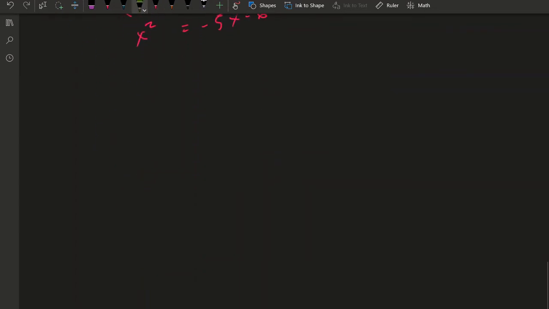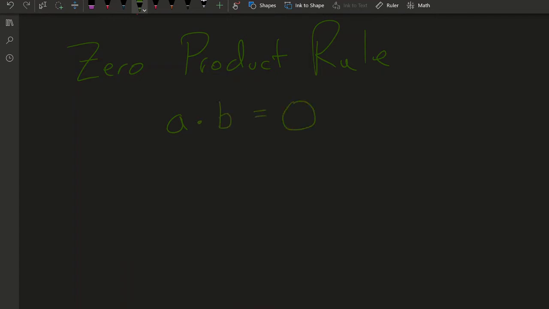So in order to solve these, we're going to use something called the zero product rule. The zero product rule is a very simple but very powerful idea. And the idea is if I have two things multiplied together, a times b, and the answer is 0. So just think about that right now. Think of two numbers that multiply to 0.